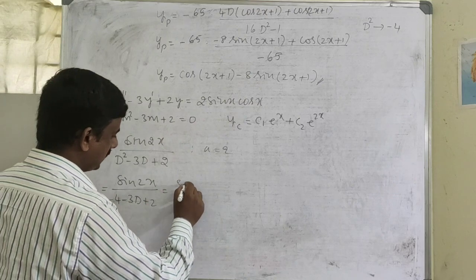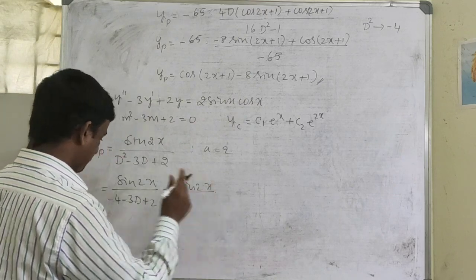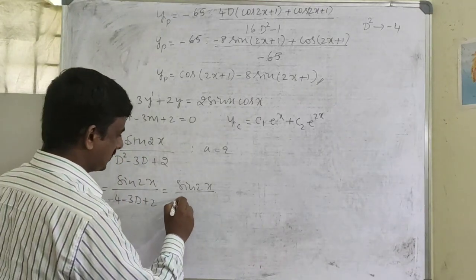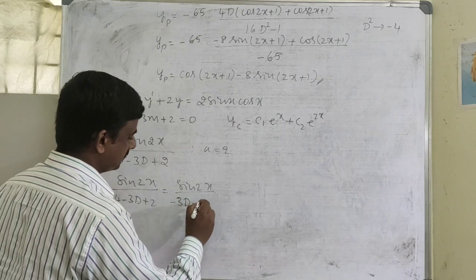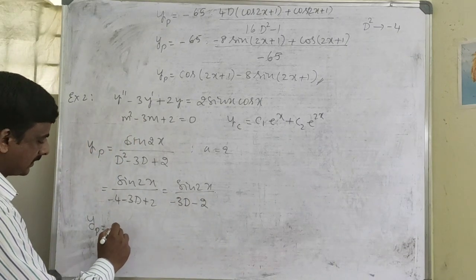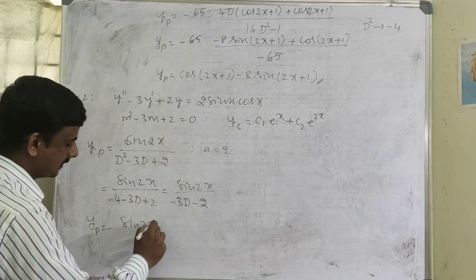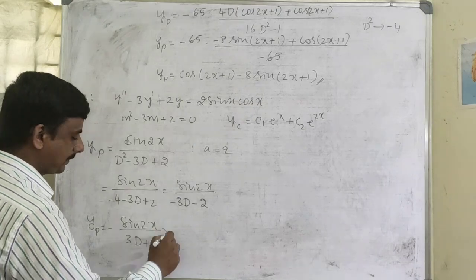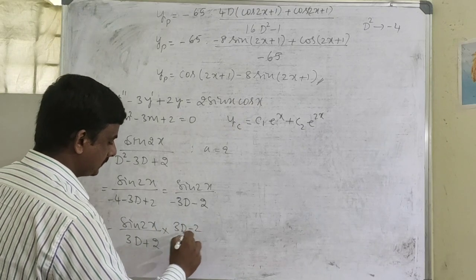That is sin 2x divided by minus 4 minus 2. So minus 3d minus 2. So yp, taking minus sign outside, minus sin of 2x divided by 3d plus 2. Multiply and divide by 3d minus 2.